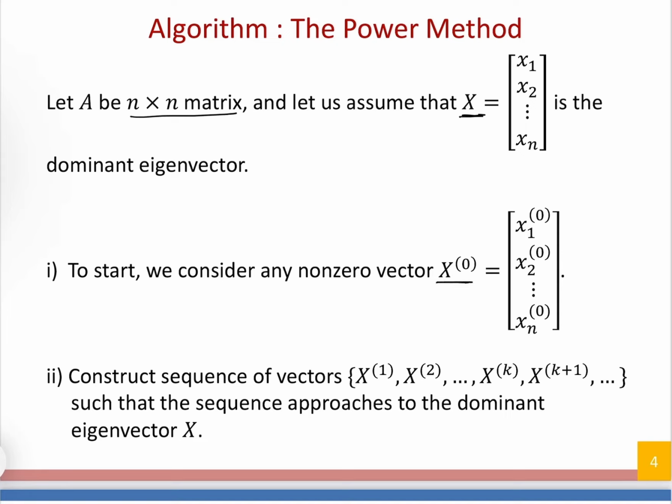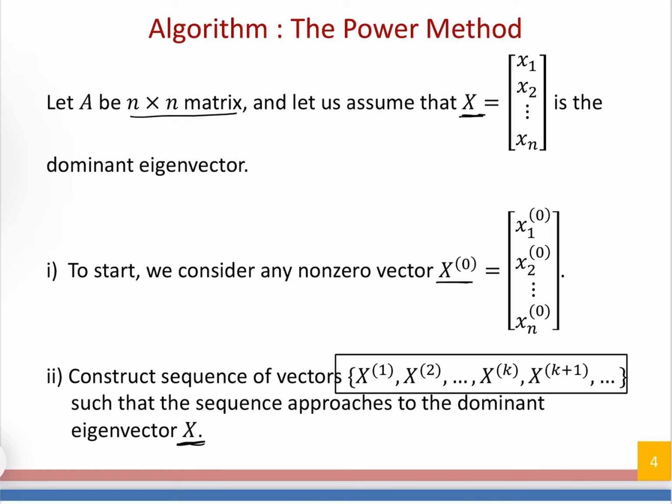This is something like an initial guess to the dominant eigenvector. Using x naught, we construct a sequence of vectors x1, x2, and so on, xk plus 1, and so on. And this sequence of vectors approaches the dominant eigenvector x.